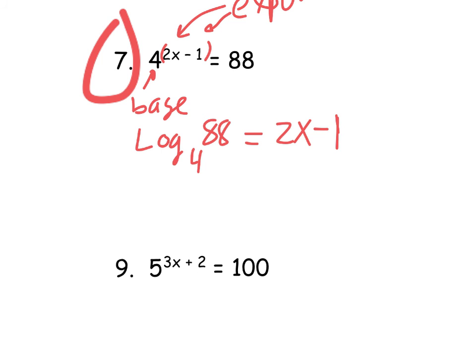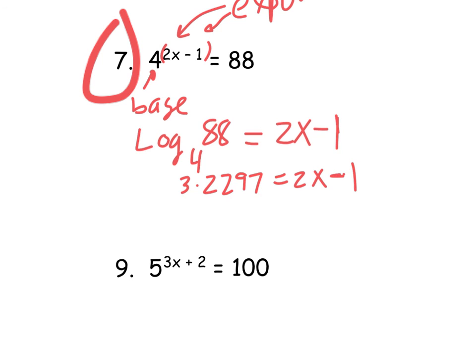So hit the function button, hit the miscellaneous button, and go down to that middle column, second from the bottom there, log base A. Type in 4 for your base. You can arrow over, just touch the parentheses and type in 88. And that's going to give you, what is it, 3.2297 equals 2x minus 1.